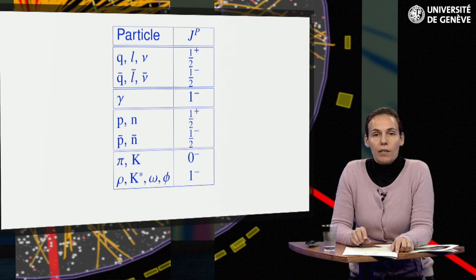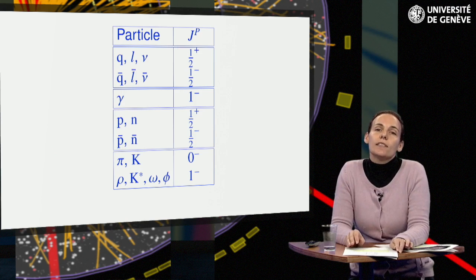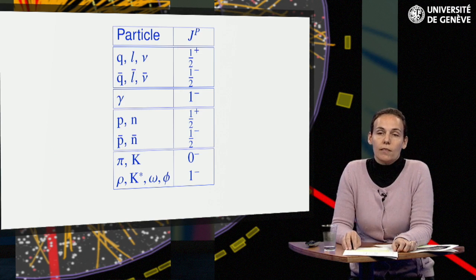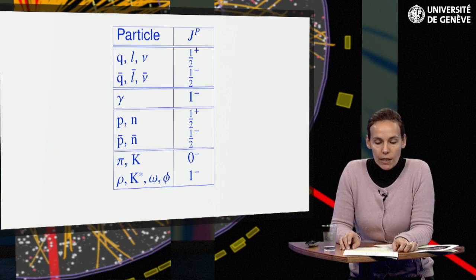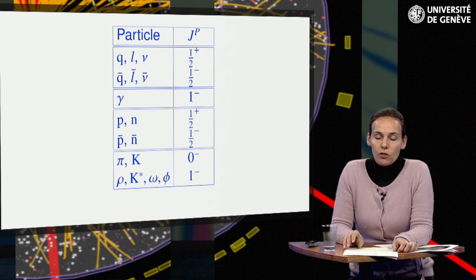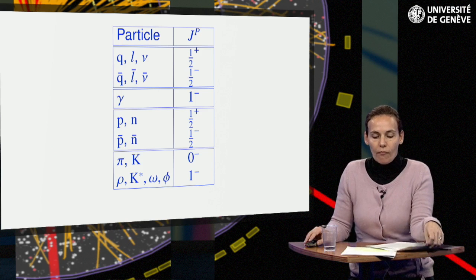They have parity +1 times -1, so -1, and are called pseudoscalar mesons. The states with the same quark content but parallel spins, like the mesons rho, K star, omega, and phi, are called vector mesons. They have J^P equal to 1 minus.